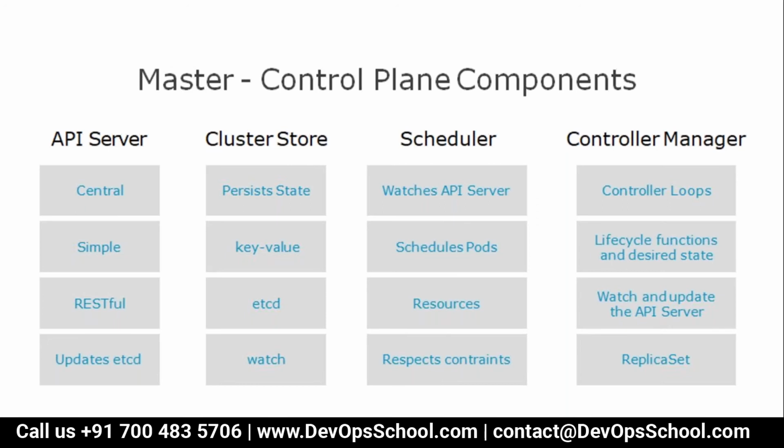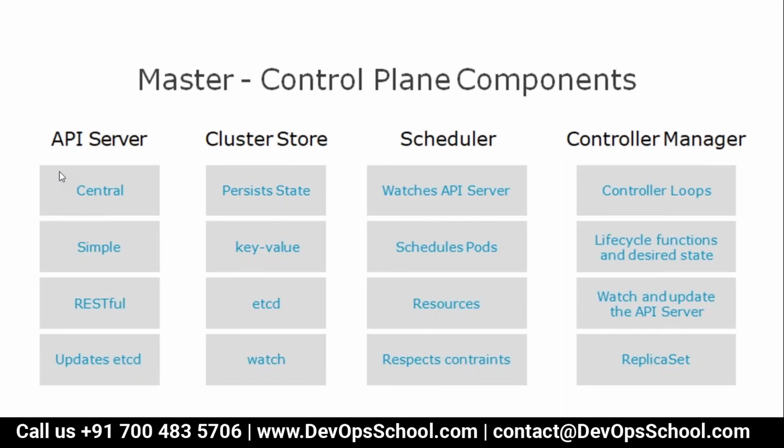It stores data in key-value format powered by etcd, and you can watch it from any distributed environment. The scheduler watches the API server and schedules the pod, with resource constraints and so on. The controller manager has controllers which always run in a loop.